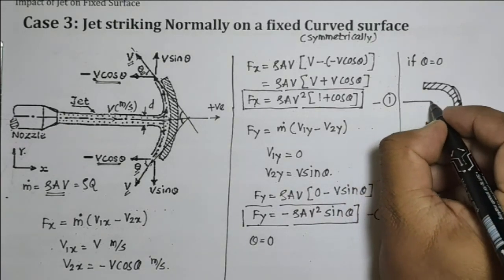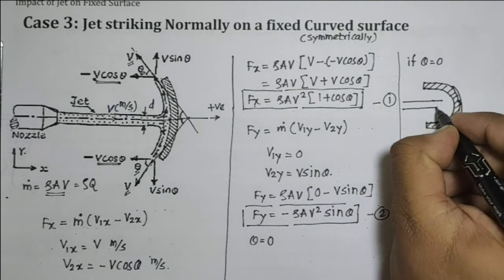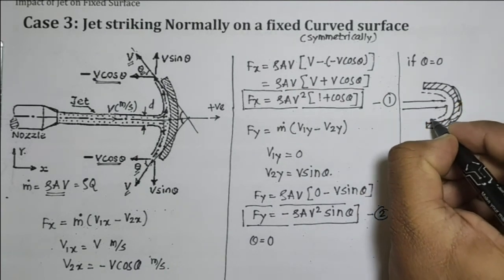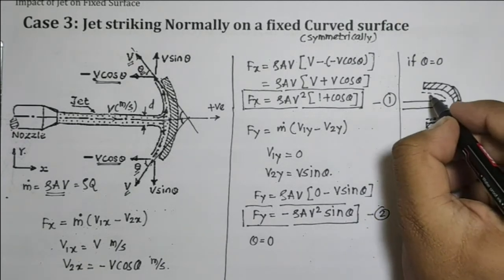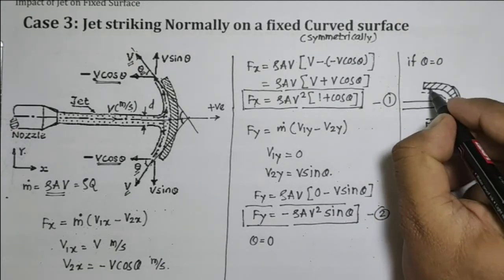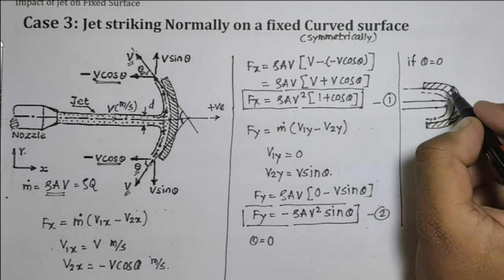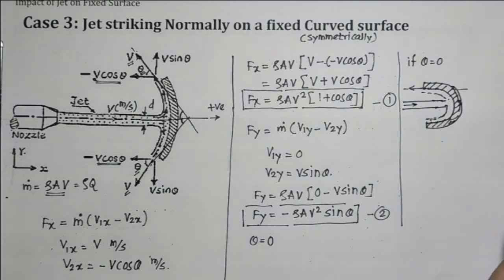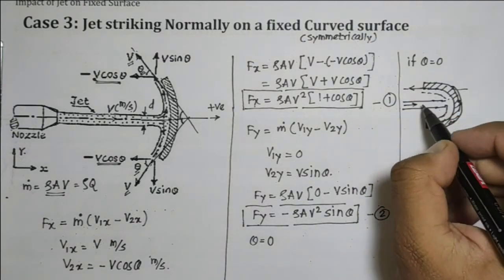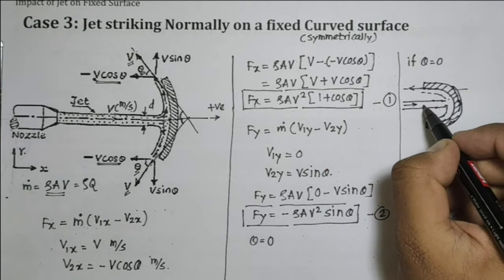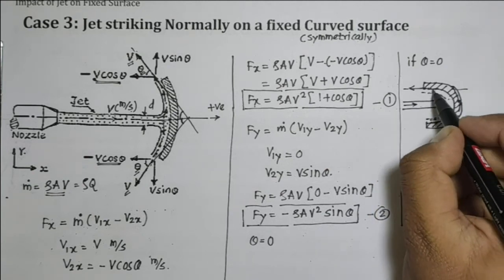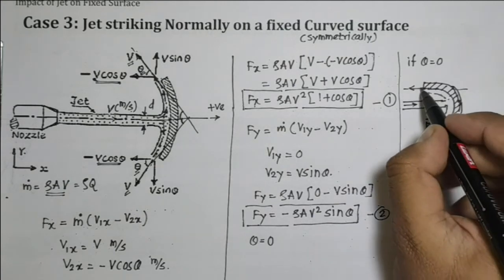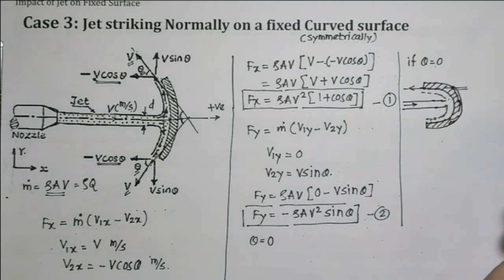Here we have a jet of water striking the plate, and after striking the curved surface, the exit angle is basically the same as the jet direction. We can say that this surface deviates the jet through an angle of 180 degrees, so the exit angle in this case will become 0.